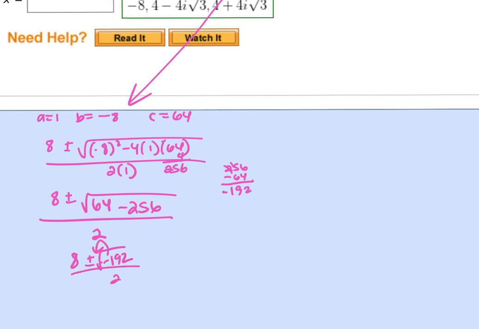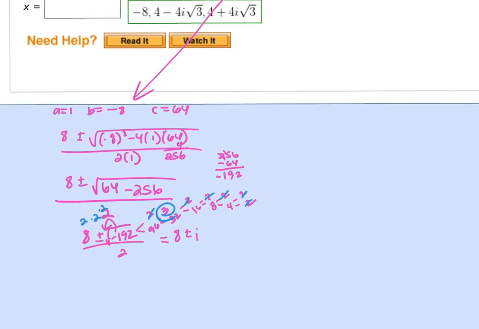The i is going to come to the outside. And then break it down. So it'd be 2 and 96, 3 and 32, 2 and 16, 2 and 8, 2 and 4, 2 and 2. Pairs of 2 come out to give 8, and then the 3 is left underneath.